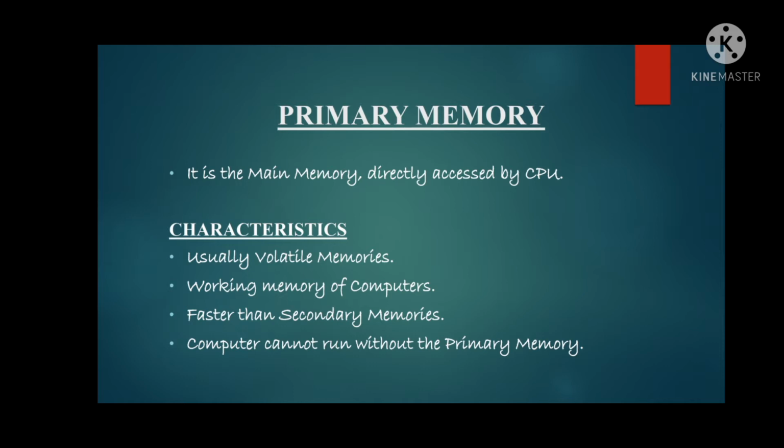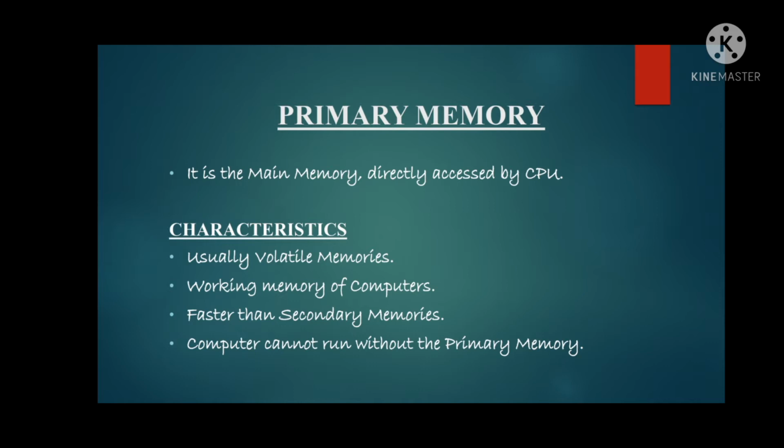It allows a processor to access running applications and services that are temporarily stored in a specific memory location. We call primary memory the primary storage or main memory. It clearly says it's the main memory which is directly accessed by the CPU.